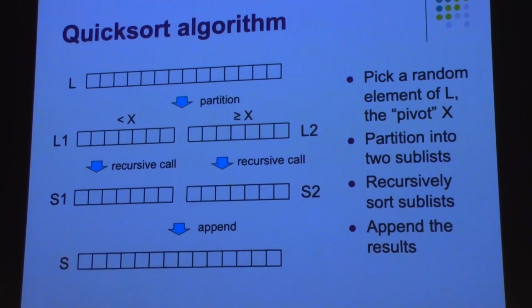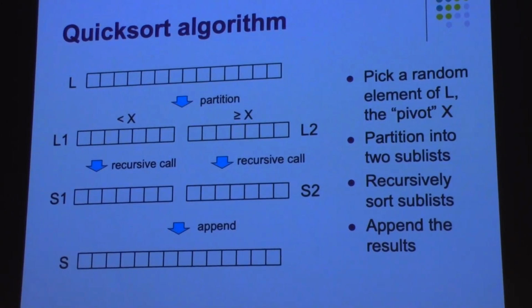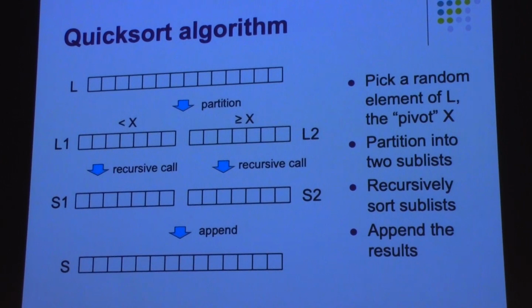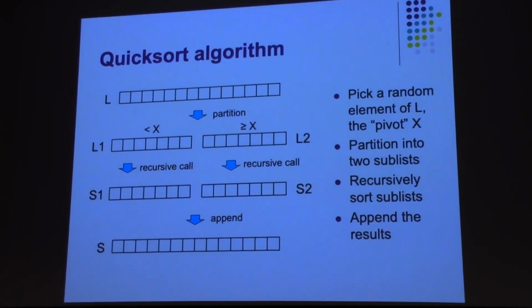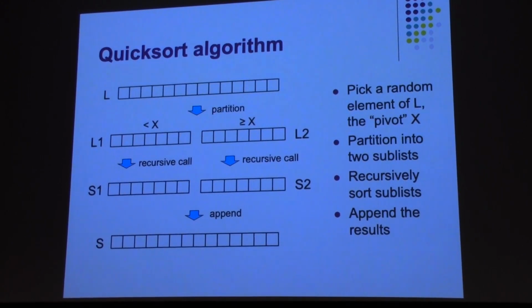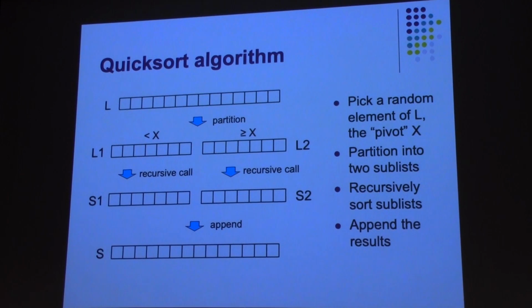Now notice all the elements in S1 are less than all the elements in S2. That means in order to get the complete sorted list, I just have to concatenate them. I just have to do an append. And that's it. That's Quicksort. Okay? So that's a very nice, recursive, divide and conquer algorithm. Now there's other variations of that.